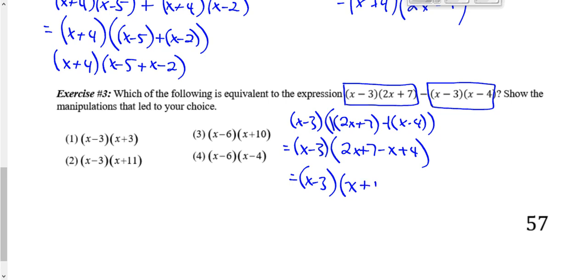Is that a minus up top, like x minus 4? Right up in the parentheses. Minus 4. Yeah, it's that.